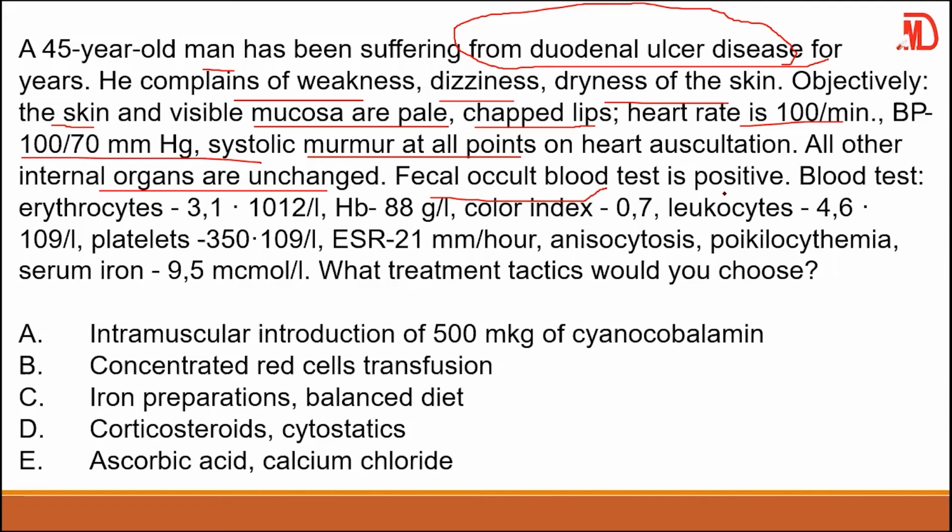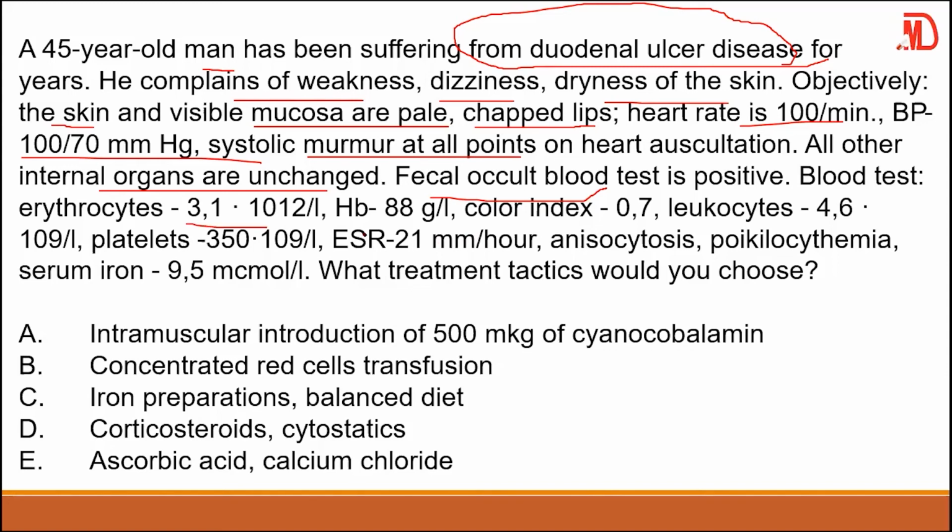And signs of anemia. Now, fecal occult blood test is positive, which means there's hidden blood in the stool. That means you can't necessarily see it with the naked eye, but there's hidden blood there. And look at the blood test.